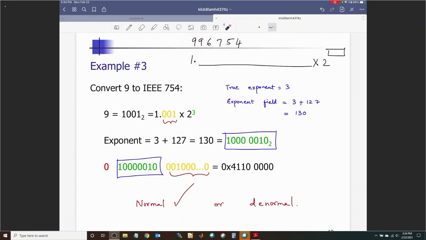So same procedure, except that right now we are dealing with true exponents like 2 or 3, right? In that case, you might have a true exponent like 10 or 12. You see that?